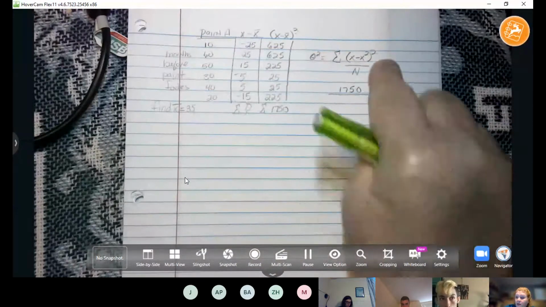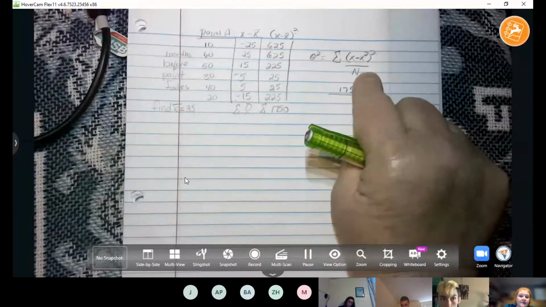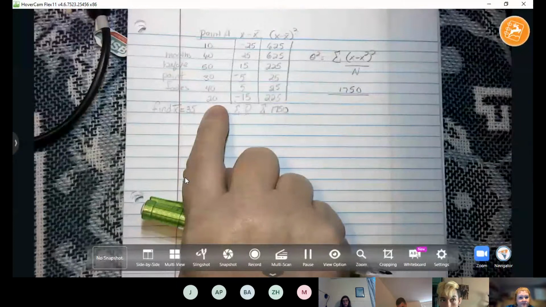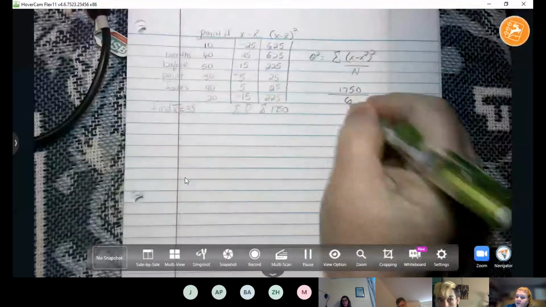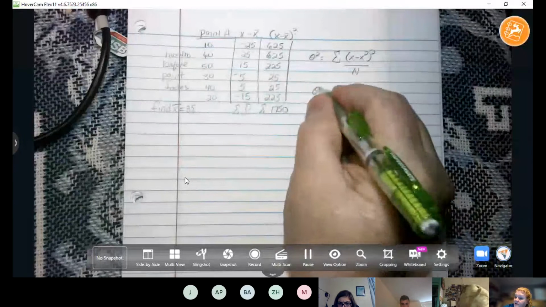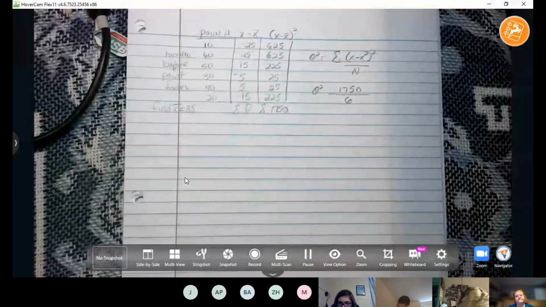Now, what's that N mean? The N means how many of these numbers in the data do you have? How many are there? There's 6 of them. So that's all there is to that formula. So what's our next step?